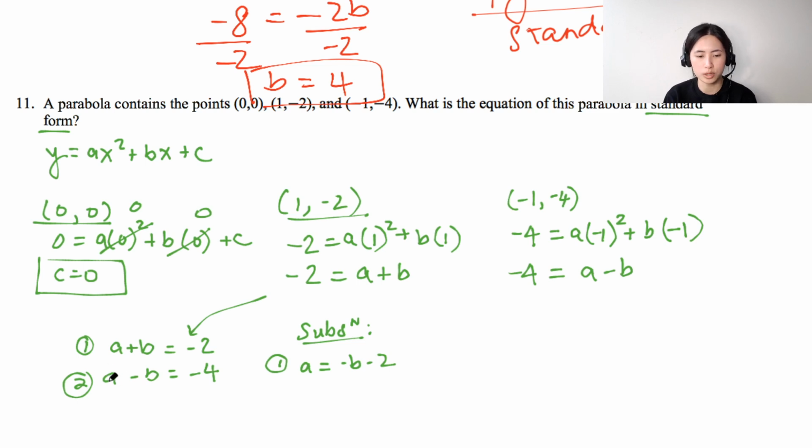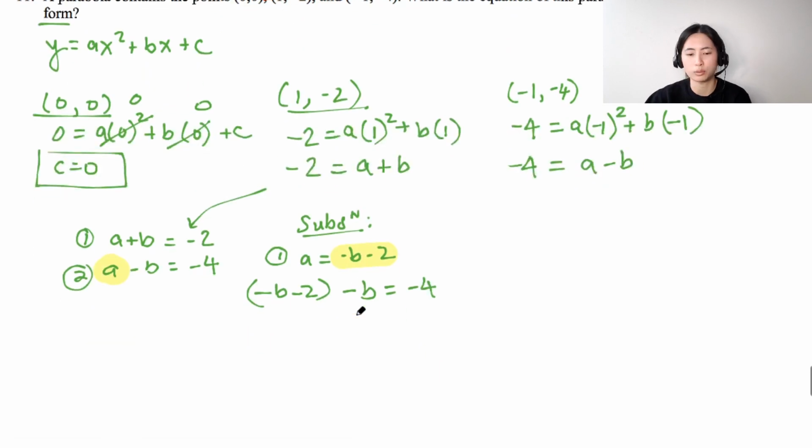So because this is a, all you have to do is take -b minus 2. So -b minus 2 would become a, because we said that a is equal to -b minus 2, and this is now minus b, then you have -4. So this is replacing this.